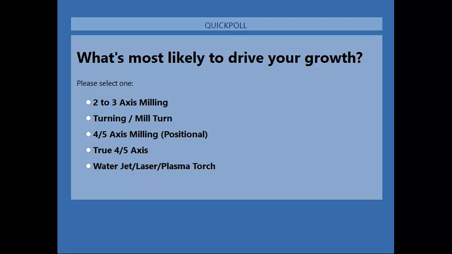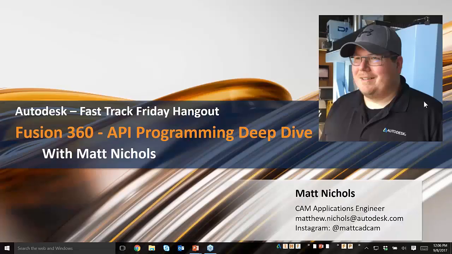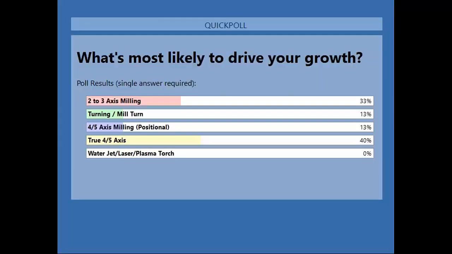So it looks like we have a good amount of you that voted. Let me close out these polls. Thanks for letting us know where you can grow. I'm going to share that real quick. It looks like we have a good 40% of users out there looking to do more in true 4th and 5th axis. This is a place where you can see that you're going to grow your business.